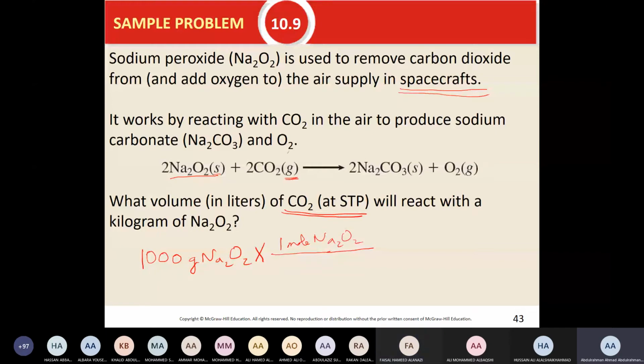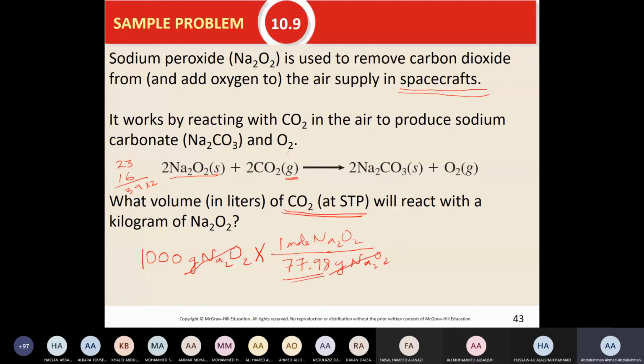The mass of Na is 23, and the mass of O is 16. That is 39, times 2: 77.98, yes, 78. 77.98 gram Na2O2. I got this number from the periodic table. This will go with this.